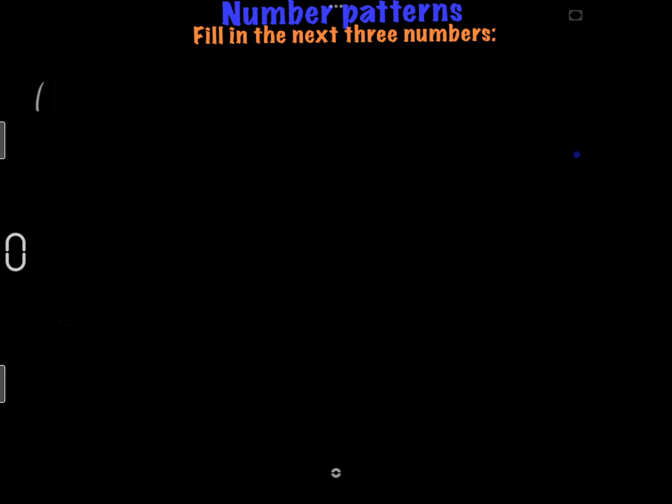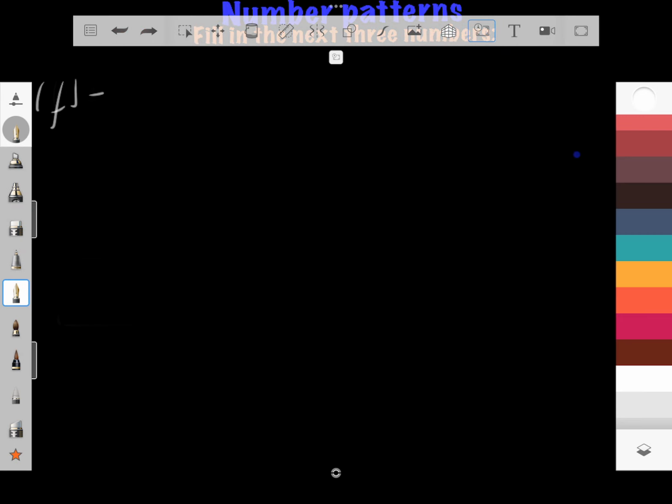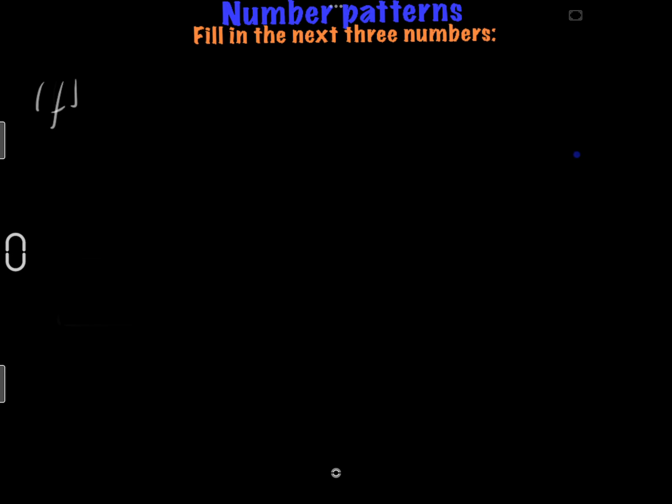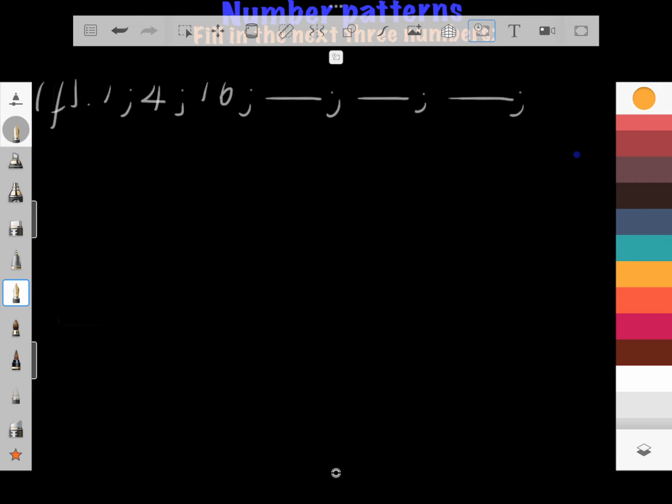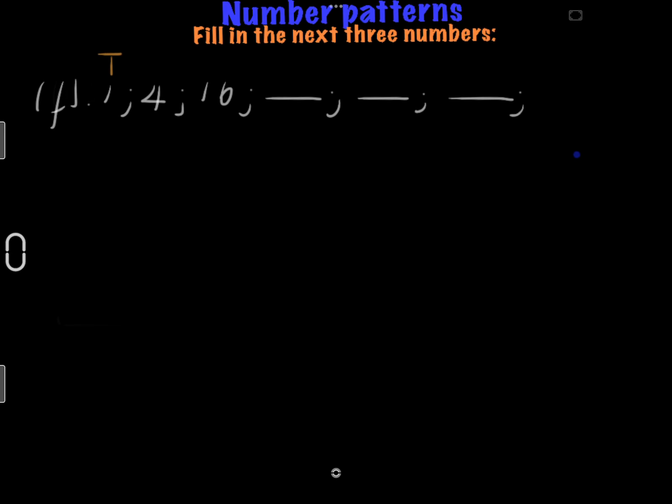In this case we have 1, we have 4, we have 16, and then we have three missing values: term 1, term 2, term 3, term 4, term 5, term 6.